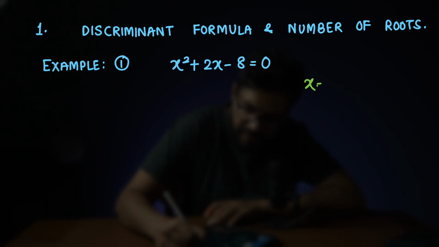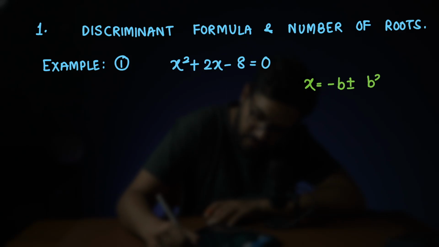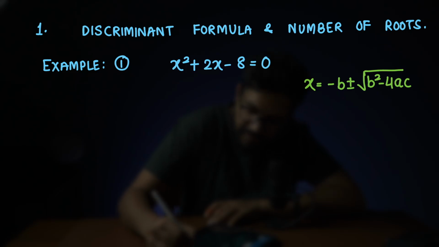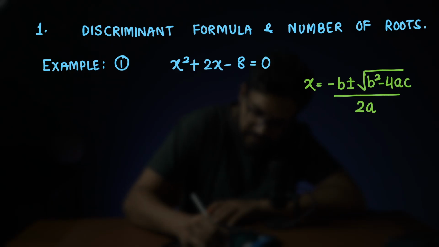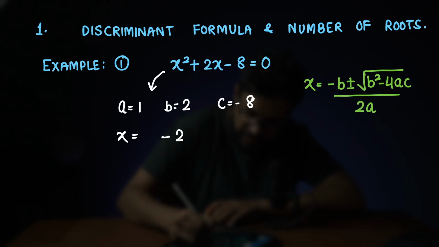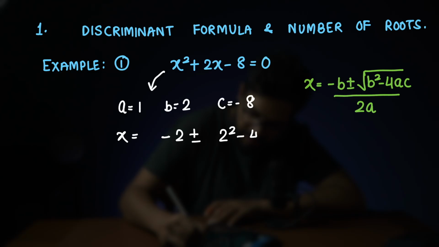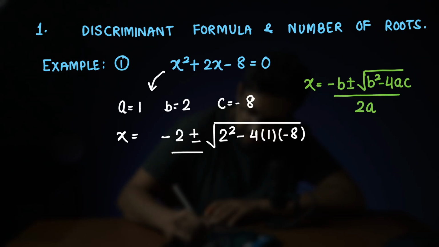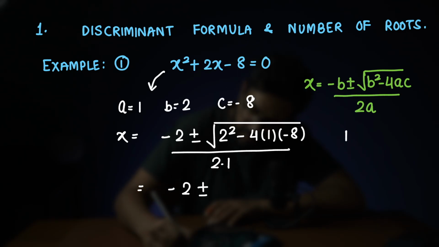From the last video, I know that the quadratic formula is given by minus b plus minus root b square minus 4ac, divided by 2a. So if I apply the quadratic formula in this context, the value of x, or the roots, is given by minus 2 plus minus root of 2 square minus 4 times 1 times minus 8, divided by 2 times 1. That is minus 2 plus minus root of 2 square is 4, and negative 4 times negative 8 gives us 32.